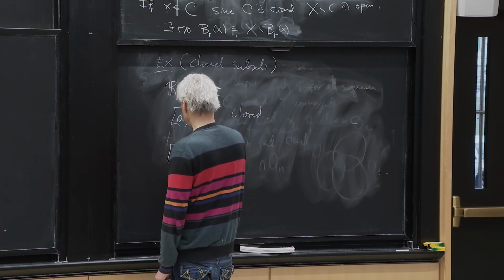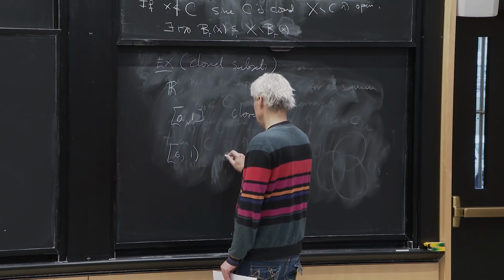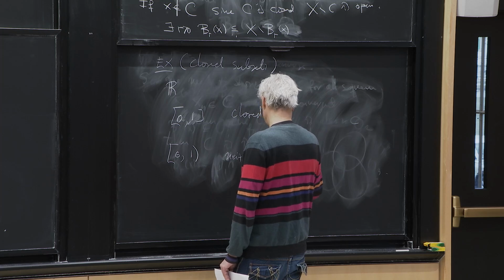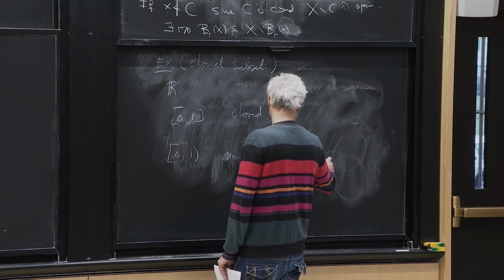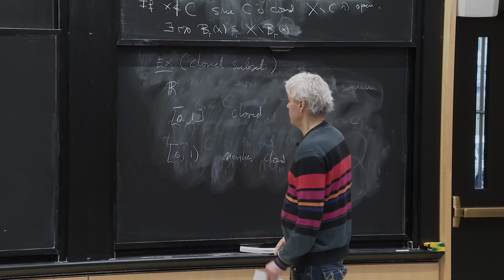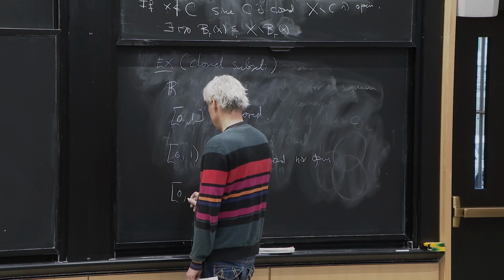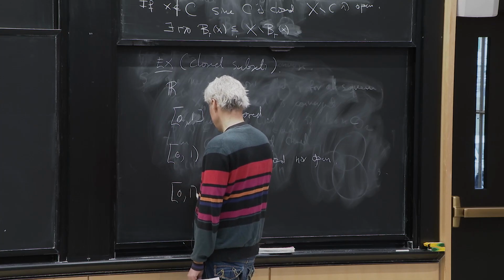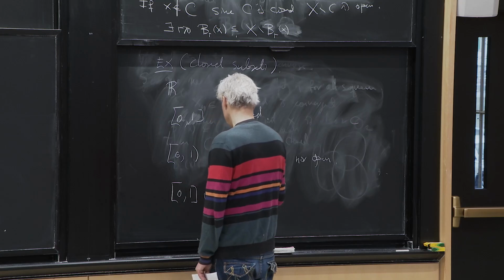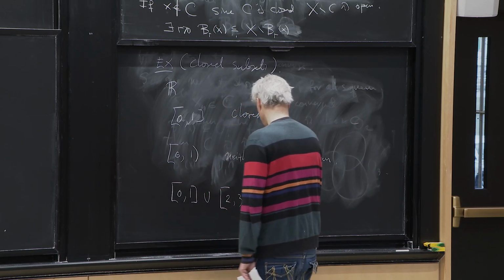Something like if you include one of the endpoints but not the other, this is neither closed nor open. Right, and also if you're looking at the complement of this thing here, union, say, from 2 to 3, this is also closed.